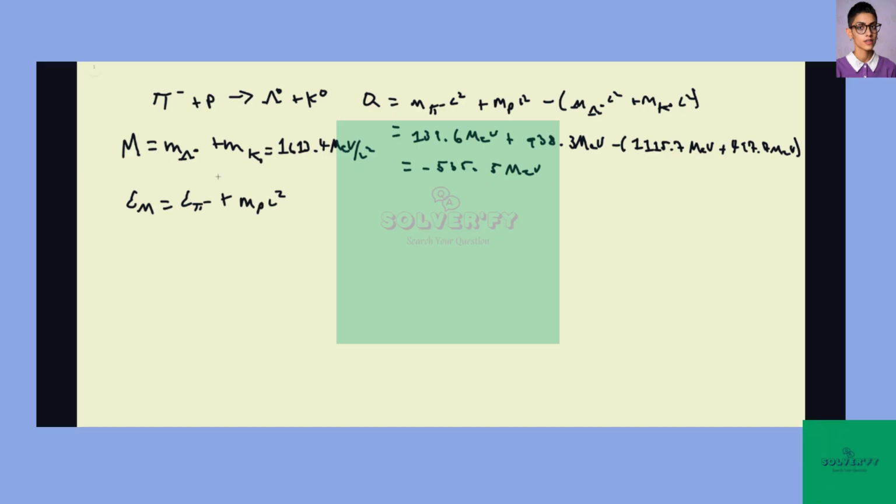Also, momentum has to be conserved, so the momentum on this side has to equal the momentum on this side. The only thing that carries any momentum on this side is the negative pion, because it's the one in motion. So the momentum of the negative pion is equal to the momentum of the large mass on the other side.